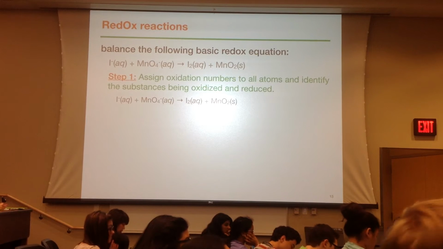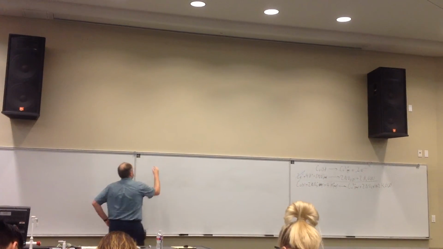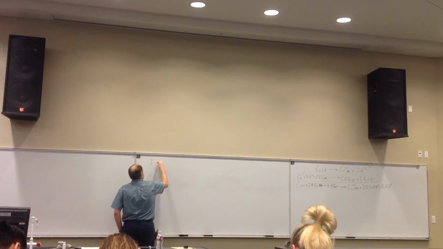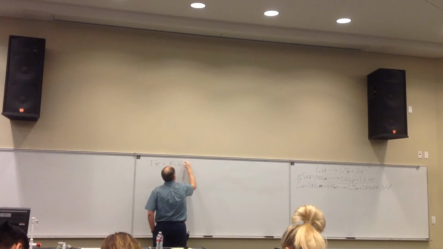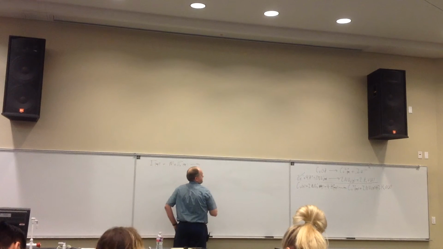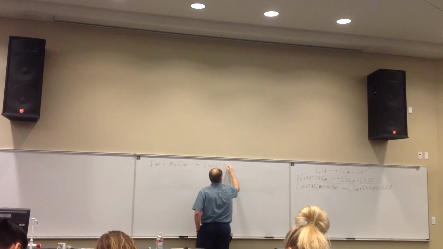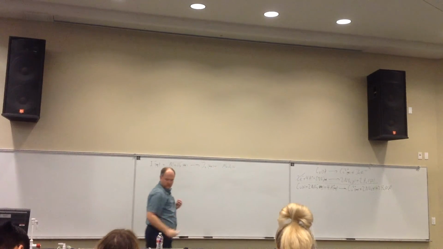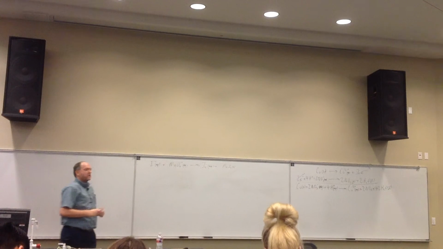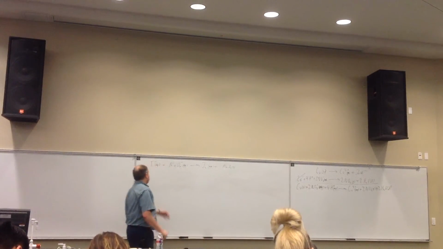If you remember permanganate from the first example that I did today, manganese is a +7. Now we don't necessarily need the oxidation numbers except to identify what's being oxidized and reduced.